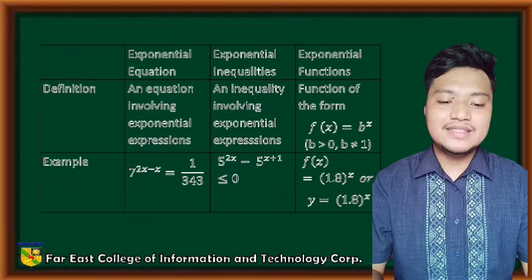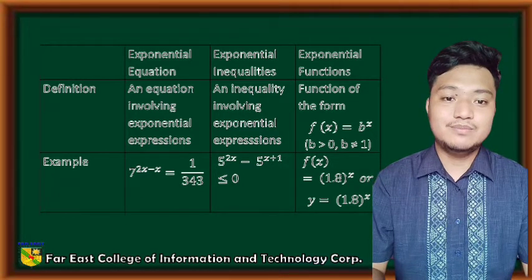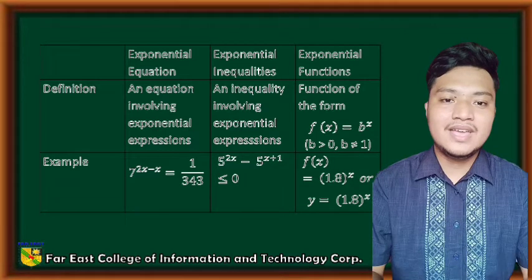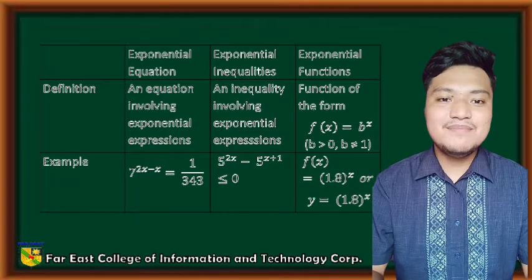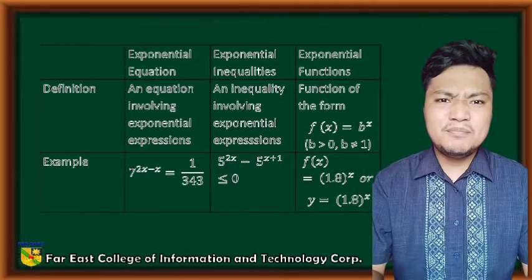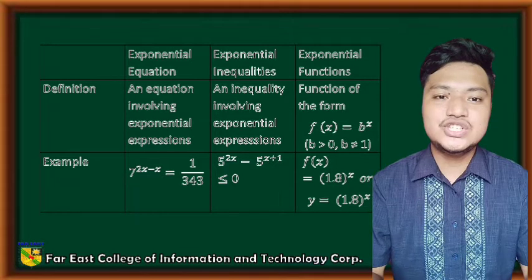Meron ba tayong nakikita na negative na exponent? Meron ba tayong nakikita na fraction na exponent? Wala. So, nasasabi natin na ito ay exponential expression. So, paano ba natin malalaman kung ito ba ay exponential inequality?